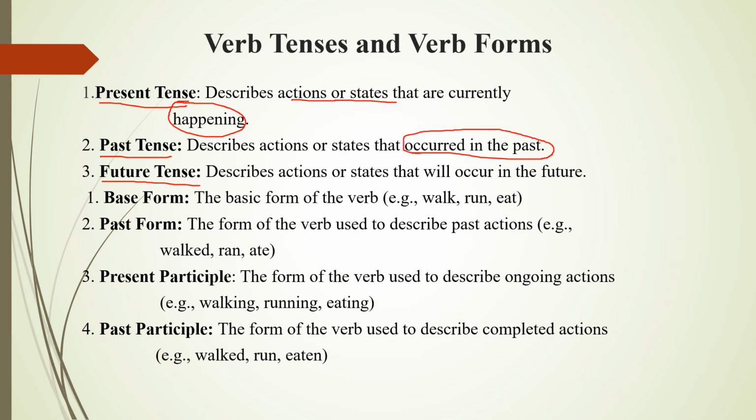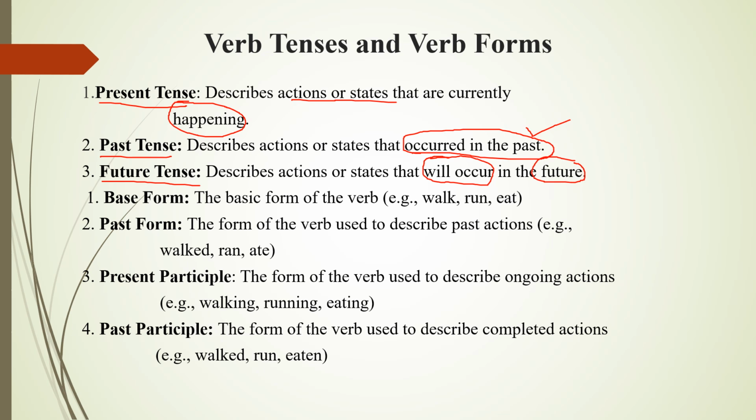Then we have future tense. Future tense describes actions or states that will occur in the future. So there are 3 types of tenses: present tense, past tense, and future tense.